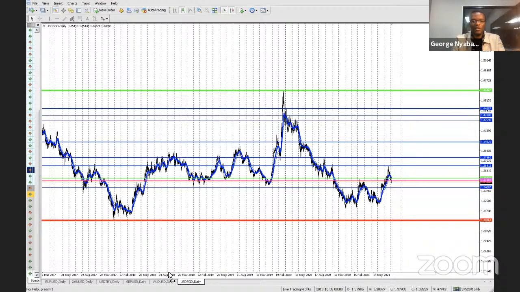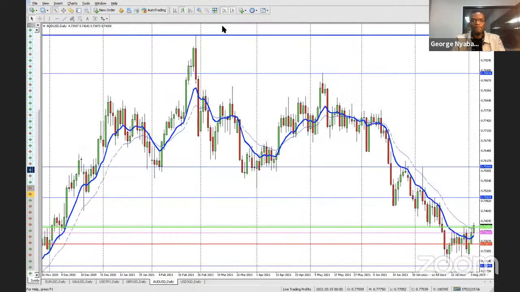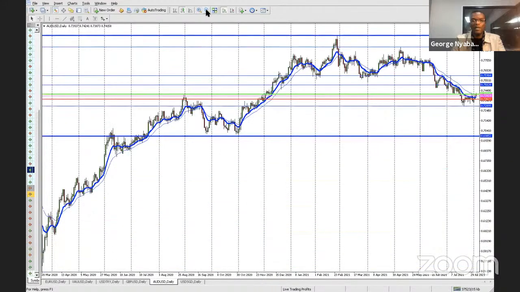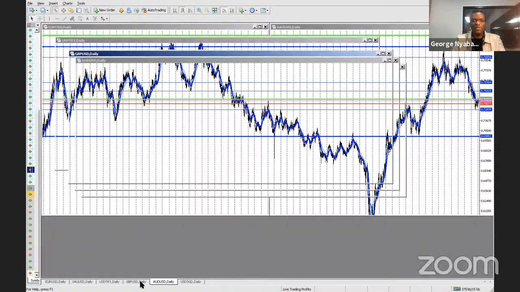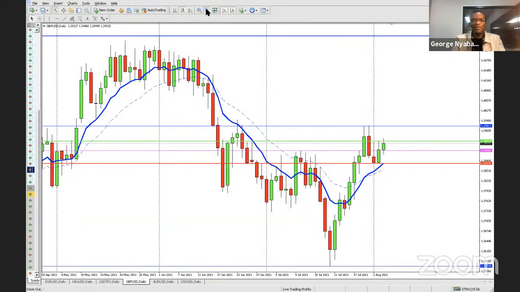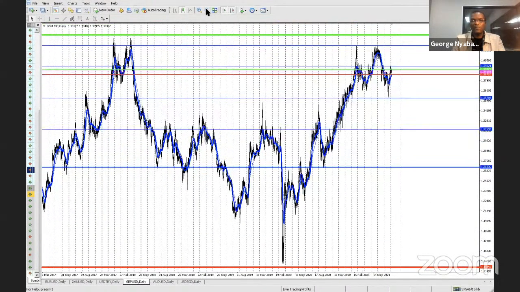So we can have a look. I've done that already on all of them. Okay, Aussie dollar, highest price, lowest price. Those just stay permanently. Cable, sterling, pound, same thing, high, low. Okay.